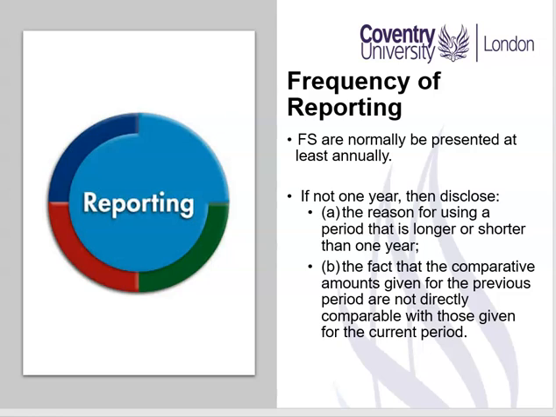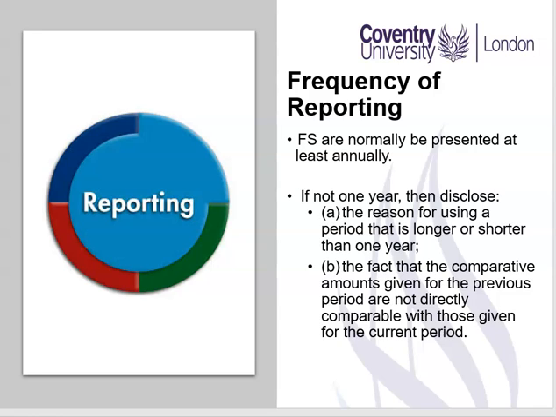What about the frequency of reporting? Financial statements are normally presented at least once a year. If for one reason or another, the financial statements cannot be presented once a year, then the entity must disclose the following. 1.